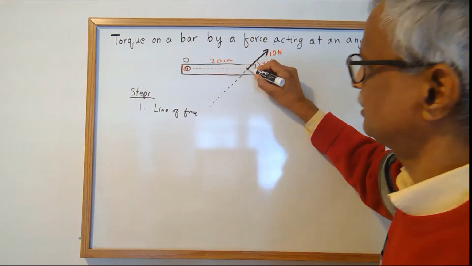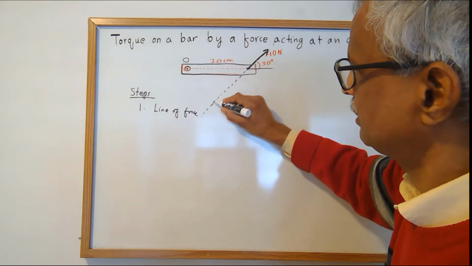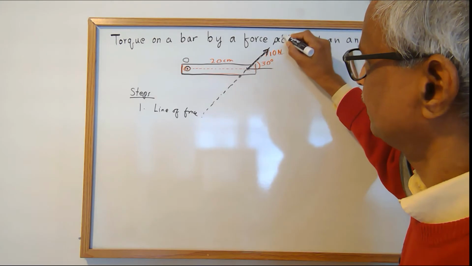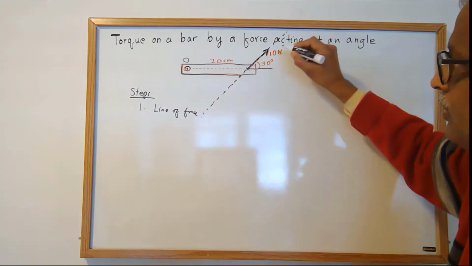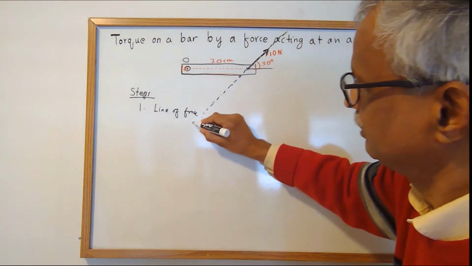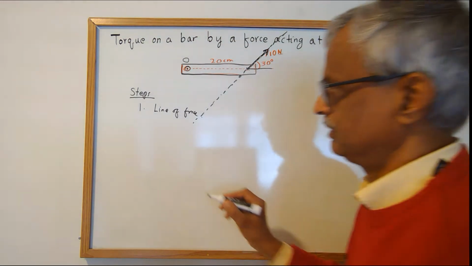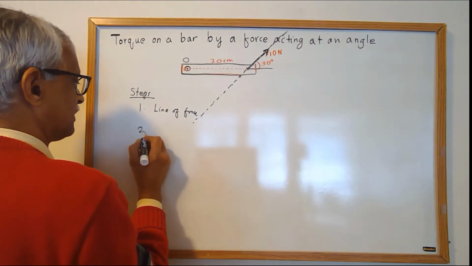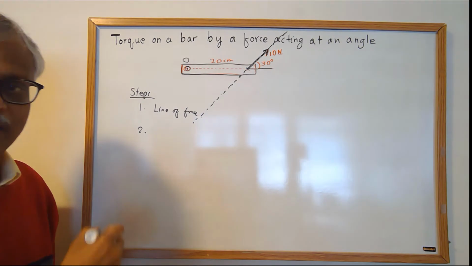Go to where the force is applied and draw this line. It's kind of like a vector diagram without the arrow.